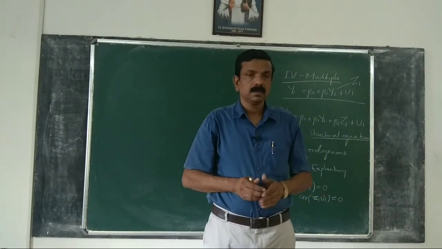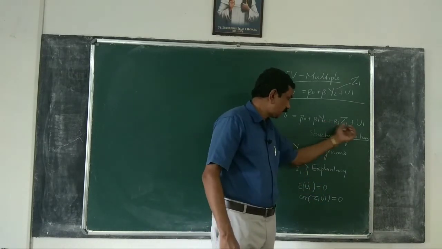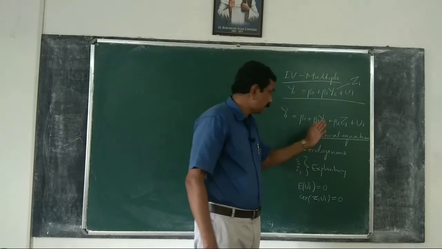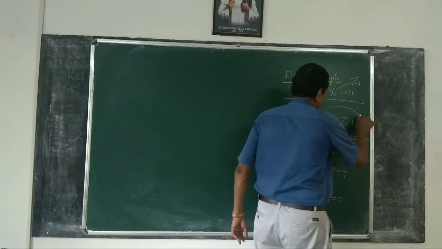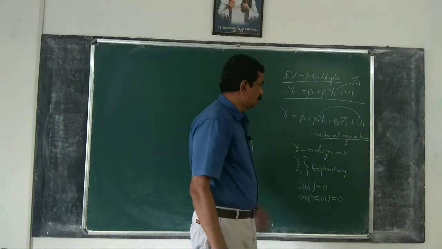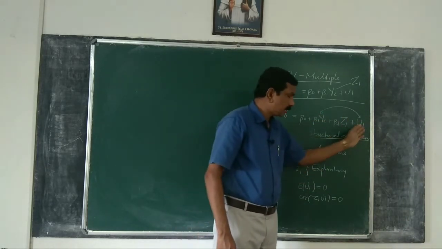We use the notation y2 to indicate the fact that it is endogenous and suspected to be correlated with u1. We do not specify why y2 is correlated with u1.